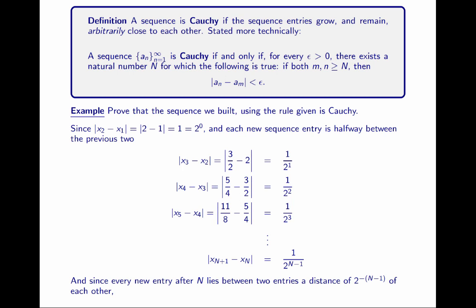Now, I know that 2 consecutive entries have a distance of 1 over 2 to the n minus 1. But what about every sequence entry after that?